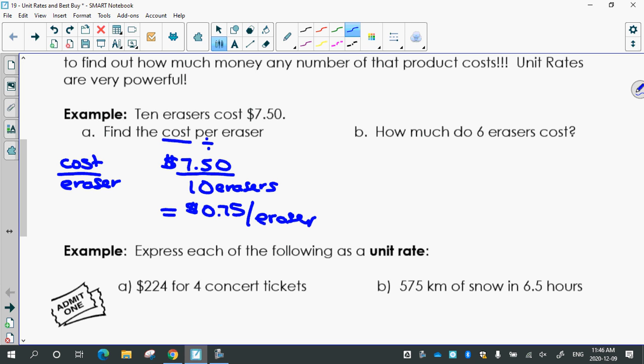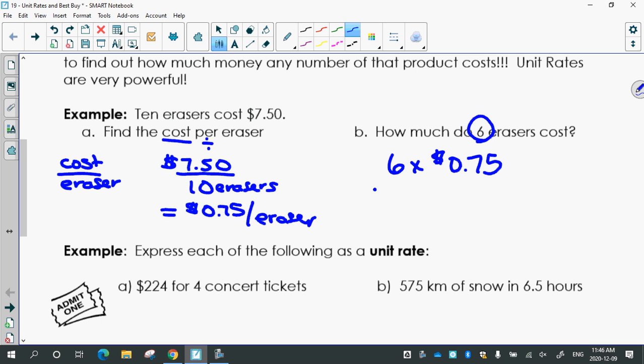So rates have units. So the cost per eraser is 75 cents per eraser. That means 1 eraser. So if you know it's 75 cents for one of them, then to find 6, you can just do 6 times 75 cents, because there's 6 of them.